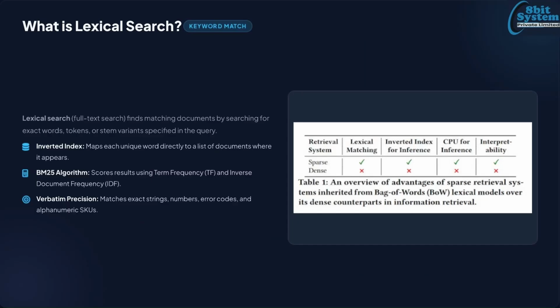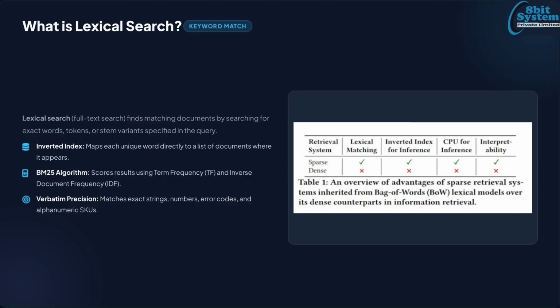Okay, so let's start with lexical search. Lexical search is also known as full text search. It finds matching documents by searching for exact words, tokens, or stem variants specified in the user's query. To understand this better, let's take an example: you are shopping online and you search for wireless headphones. The search engine starts looking for documents that contain those exact words.